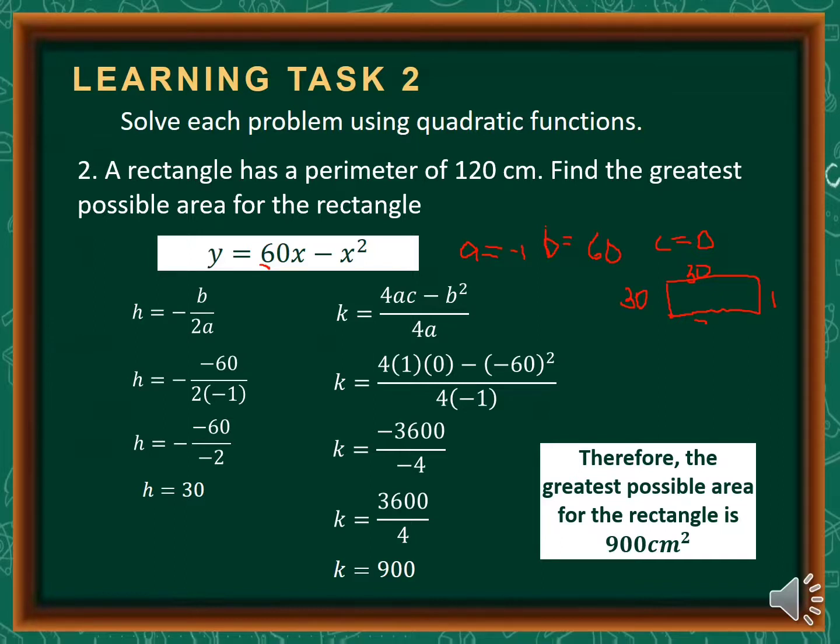So, our answer is 900 square centimeters. Naunawaan ba, class? So, I hope na naliwanagan kayo sa mga possible problems na ma-encounter natin involving quadratic functions. So, kailangan lang alamin yung maximum, the minimum, the greatest, the lowest possible area or amount of that given in our problem.